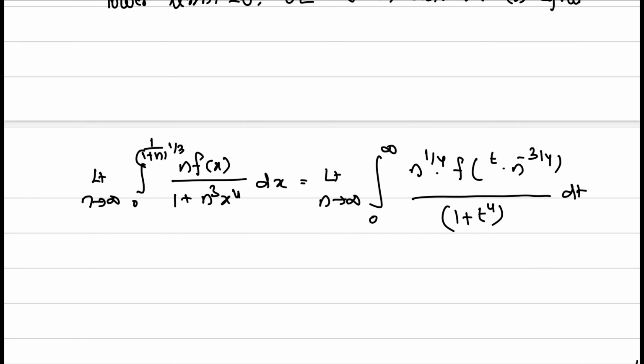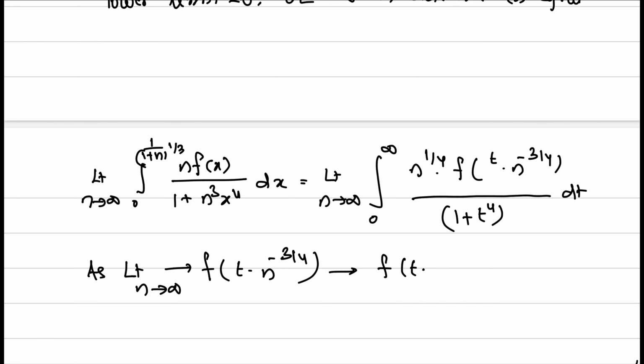In the limit, as n tends to infinity, function t into n to the power of minus 3 by 4 tends to function t into infinity to the power of minus 3 by 4. That is equal to function of 0.